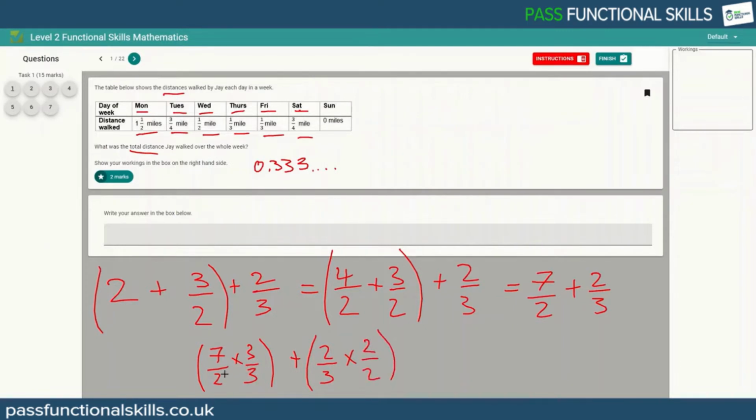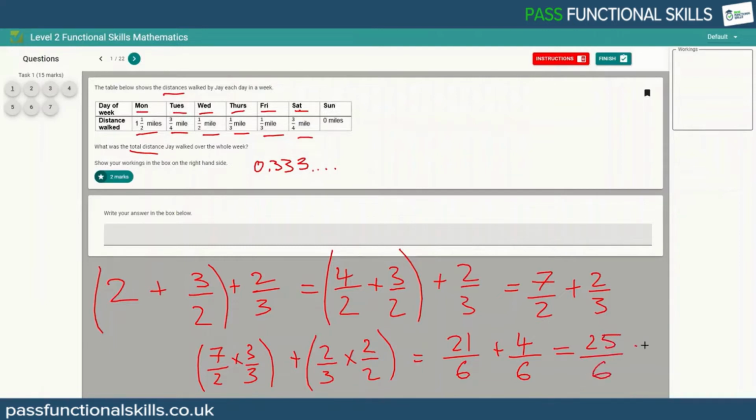In each instance we're trying to get the value on the bottom to be 6. So 7 times 3, 21, over 2 times 3, which is 6. Then plus 2/3 times 2/2, so 2 times 2 is 4, and 3 times 2 is 6. Adding the values on the top together, we get 25/6.